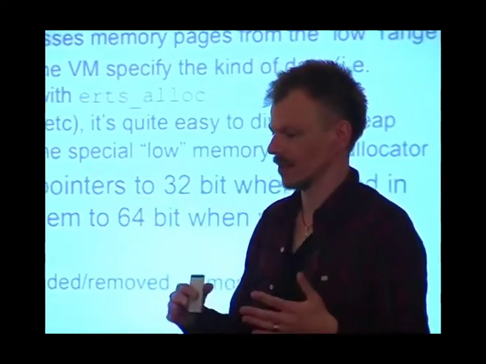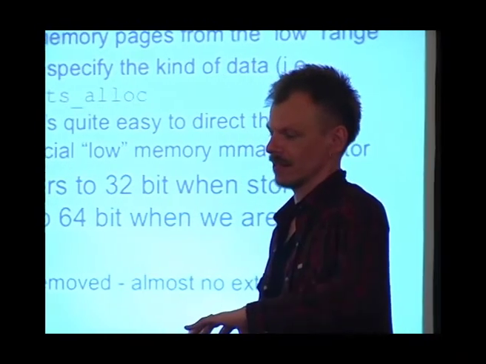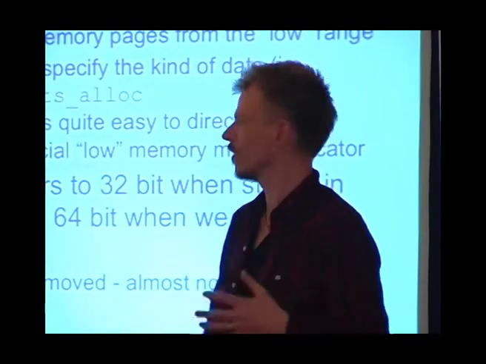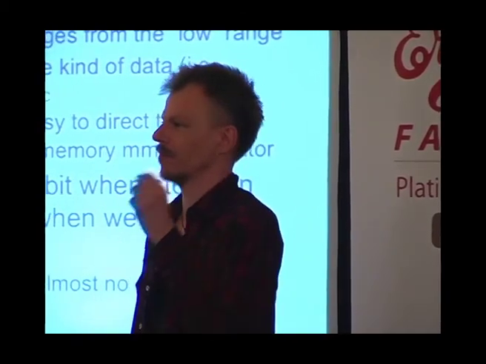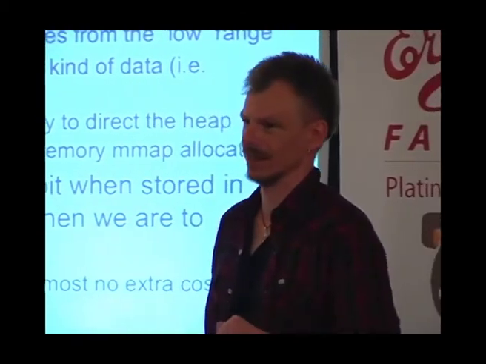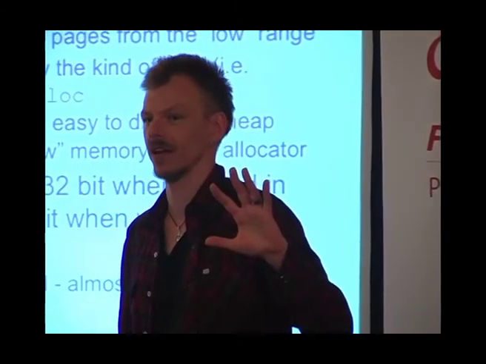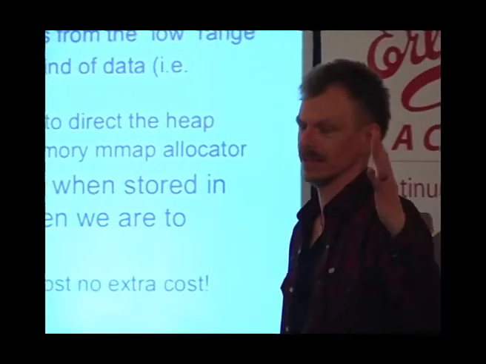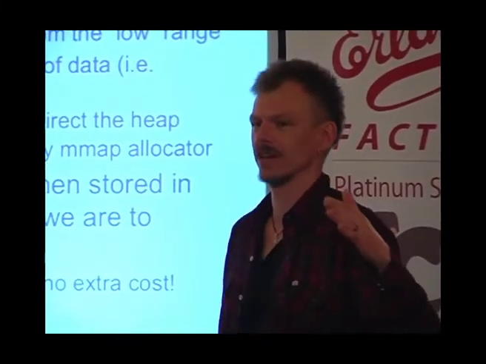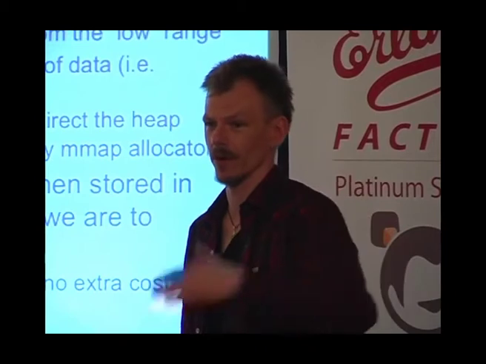So we changed the implementation of ETS for this virtual machine, and then we wrote a little wrapper around mmap that uses map no reserve, which is like saying, I want this piece of address space, but I don't want the memory. And it allocated the lowest 8 gigabytes of memory address space.